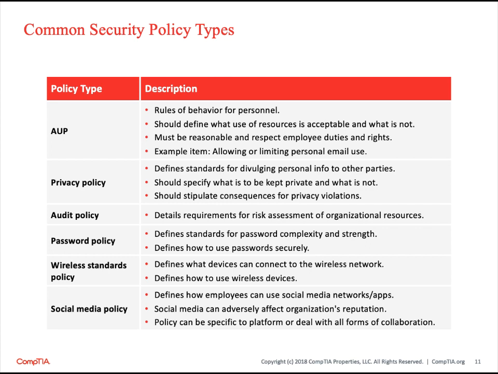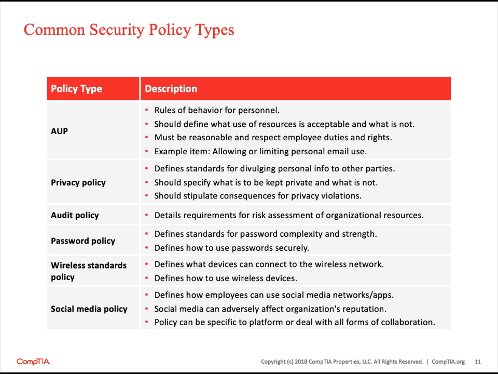So it should define what use of organizational assets, such as maybe the computer, cell phones, telecommunications equipment will be acceptable, and what is considered unacceptable and in a violation of policy. We also have to keep in mind, however, that they must be reasonable and respect employee duties and their rights.